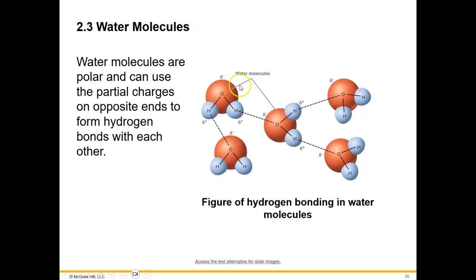So here is our water molecule. Yes, this hydrogen is held to this oxygen with a covalent bond, but the hydrogen bond is happening here between the water molecules.